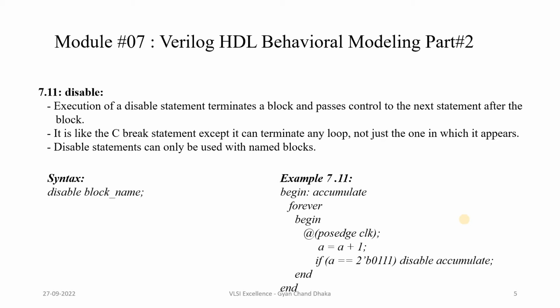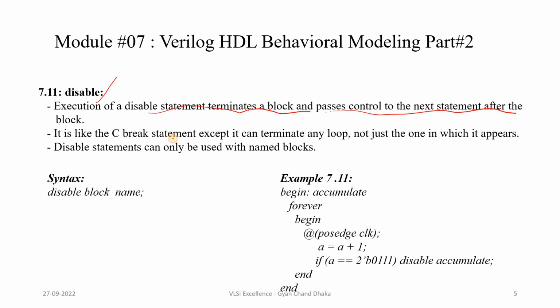To disable a particular block, we can use the disable keyword in Verilog HDL. Execution of a disable statement terminates a block and passes control to the next statement after the block. Wherever the simulation encounters a disable statement, it disables the particular block associated with that disable statement and passes control to the next statement. This is the meaning of this line.